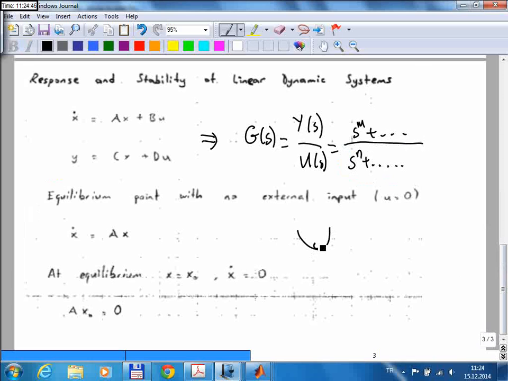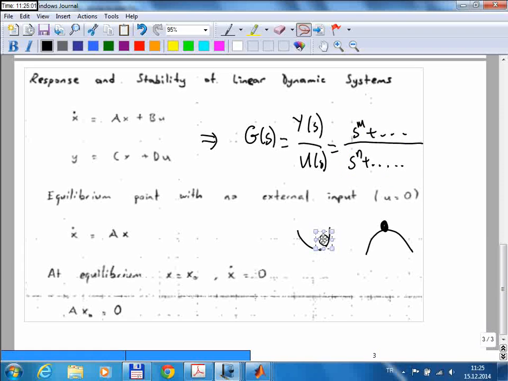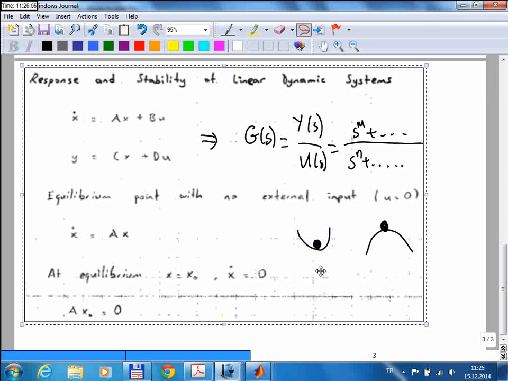I said this is an equilibrium point, and this is another equilibrium point, and we said the stability is defined as follows. If you take this system and release it at some initial condition, if it goes back to the equilibrium point by itself, that means that point was stable.